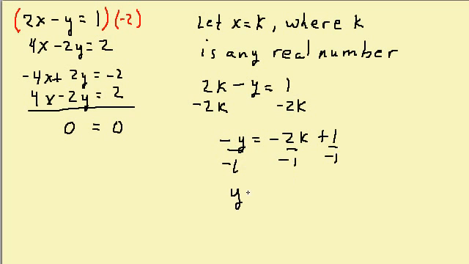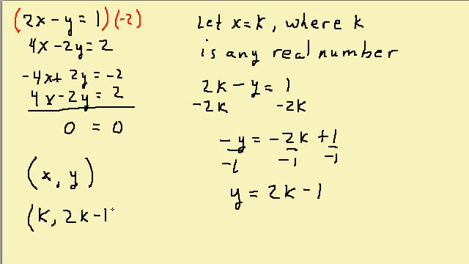So I get y equals 2k minus 1. So now I'll write my solution in this form, x, y, just like we did in the other videos. So I've got x, which is k, and my y, which is 2k minus 1. And there's my answer.